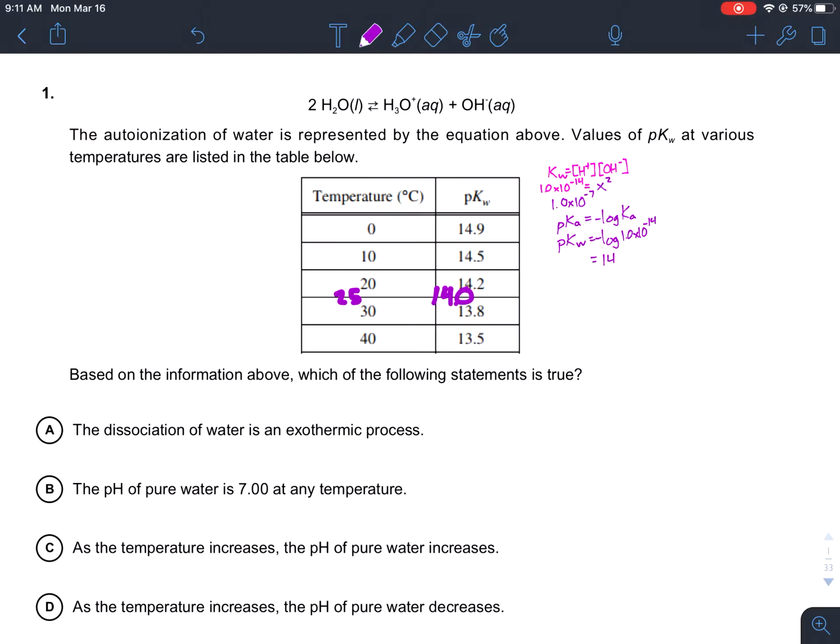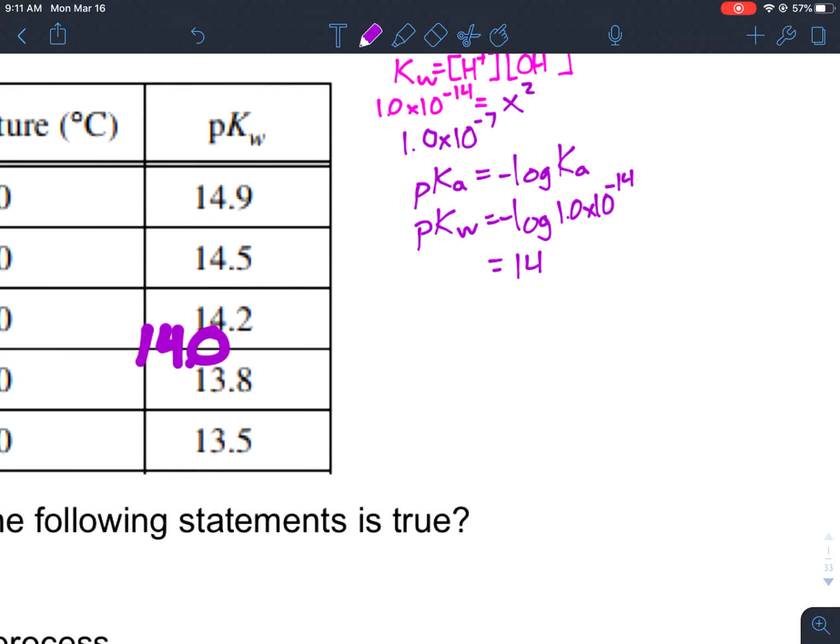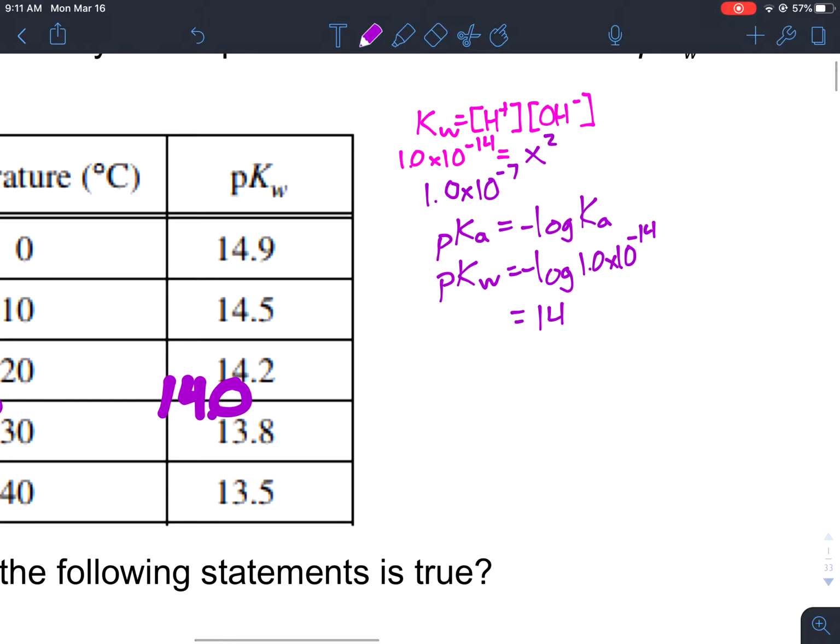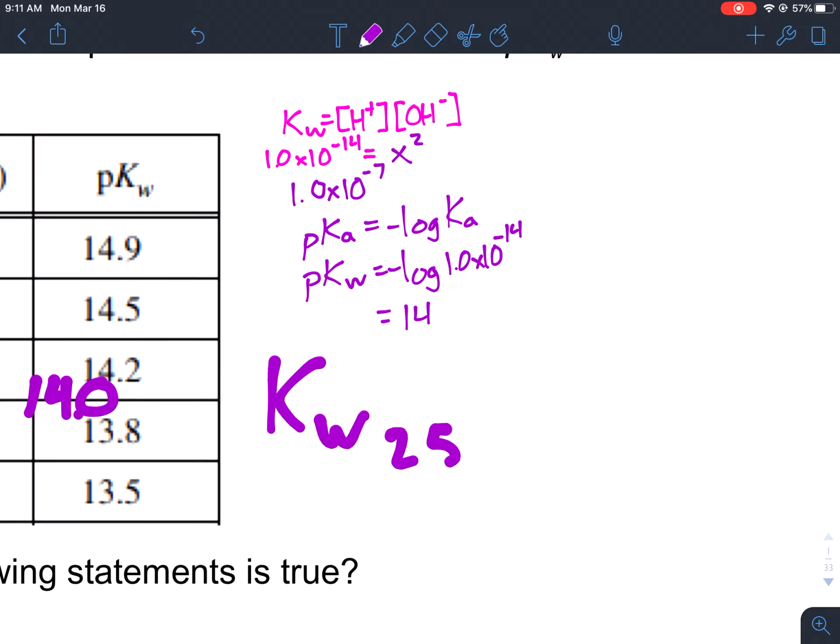The dissociation of water is an exothermic process. No. The pH of pure water is 7 at any temperature. Well, no, it wouldn't be 7 at any temperature, because what this is saying is at different temperatures, the Kw, like Kw at 25, might be this 1.0 times 10 to the negative 14.